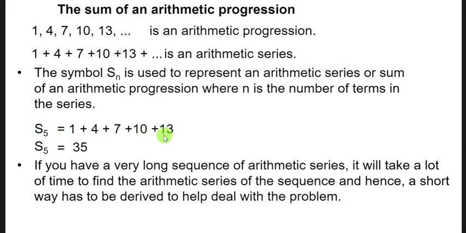Now imagine we have a series with 100 terms, not 5 terms. How quickly can we find that by manually adding this plus this plus this plus that? It can take a lot of time.